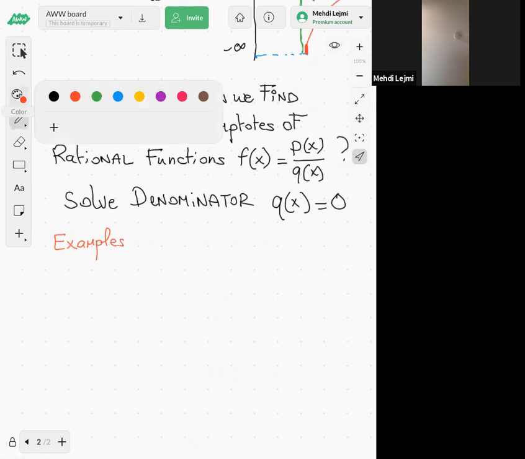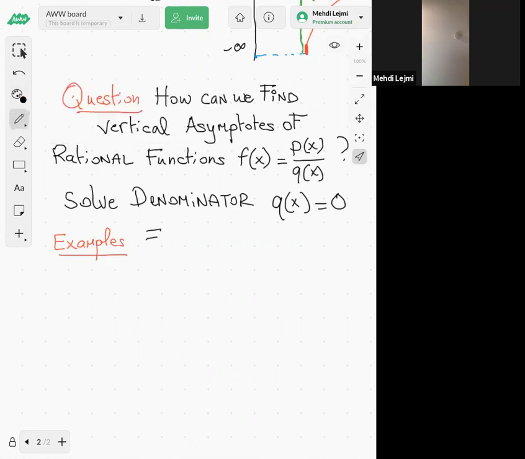Let's say you want to find the vertical asymptote of, let's say just 2 examples.